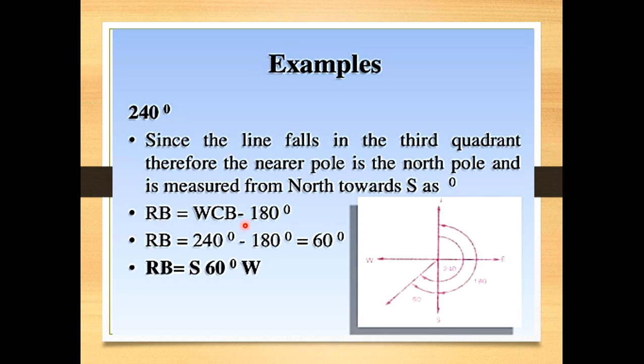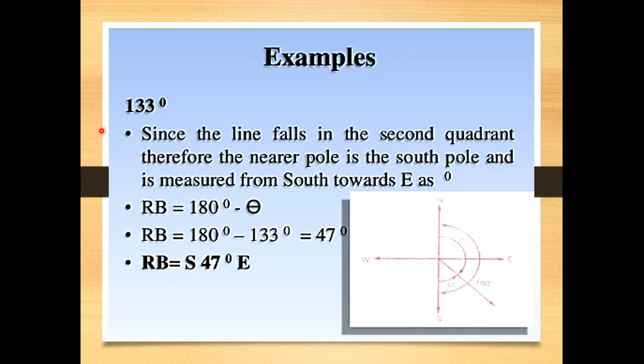So RB is calculated by the formula WCB minus 180 degree. See this diagram. Then RB is equal to 240 degree minus 180 degree, then we get 60 degree. So we write the RB value in quadrants. RB is equal to S 60 W, right?